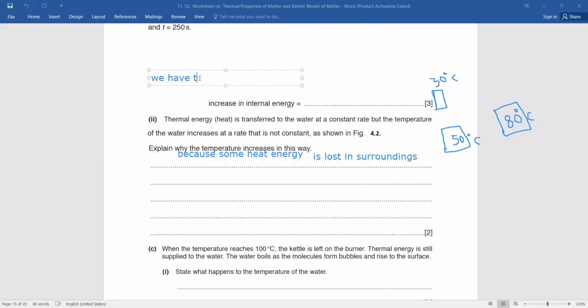Now, one of the cups' temperature is 50 degrees, and another cup has 80 degrees Celsius. Is it clear? Yes, sir. 50 degrees Celsius and 80 degrees Celsius.